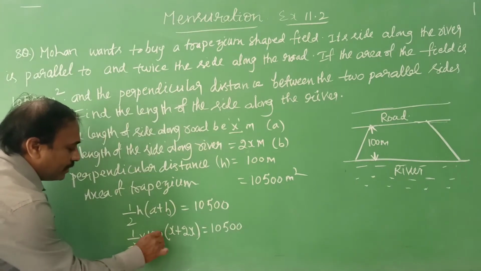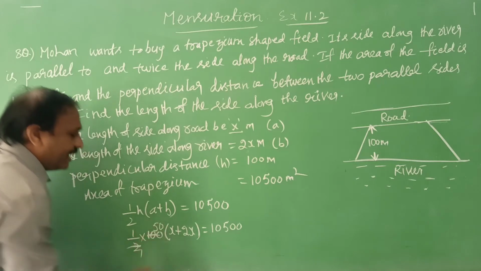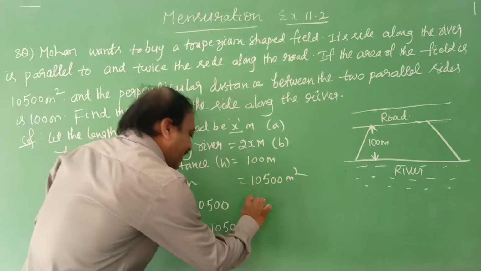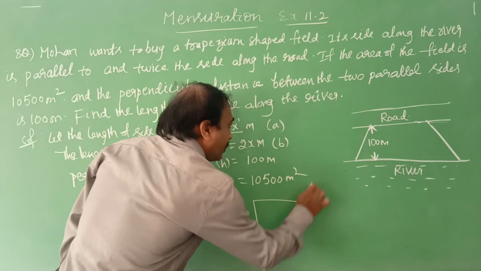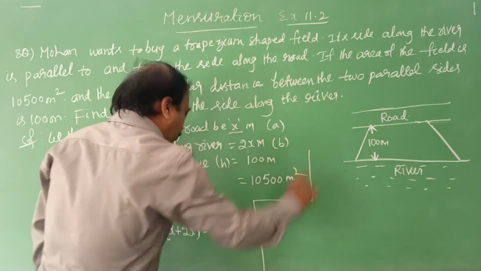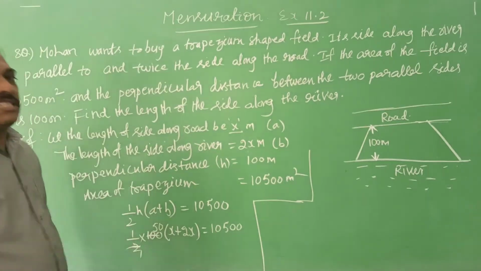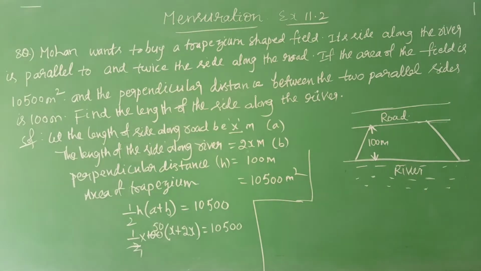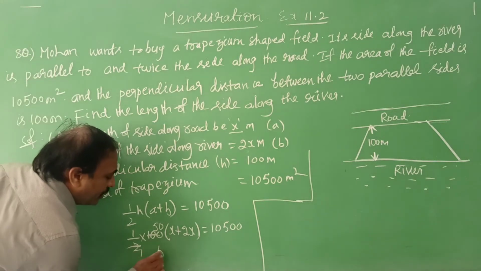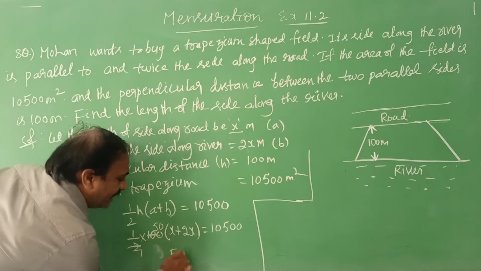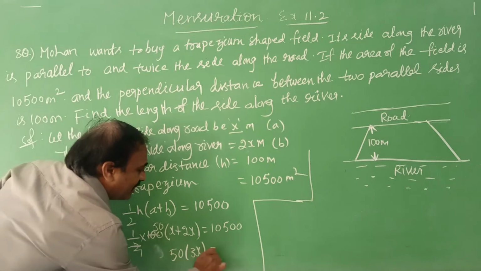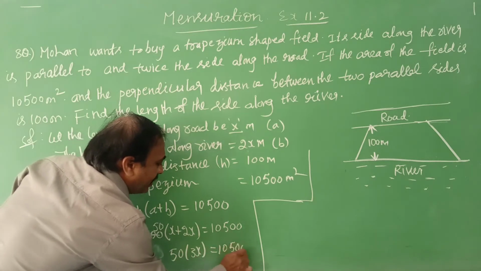So 2 fifties are 100, leaving 50 into x plus 2x. x plus 2x is equal to 3x. So 50 into 3x is equal to 10,500.